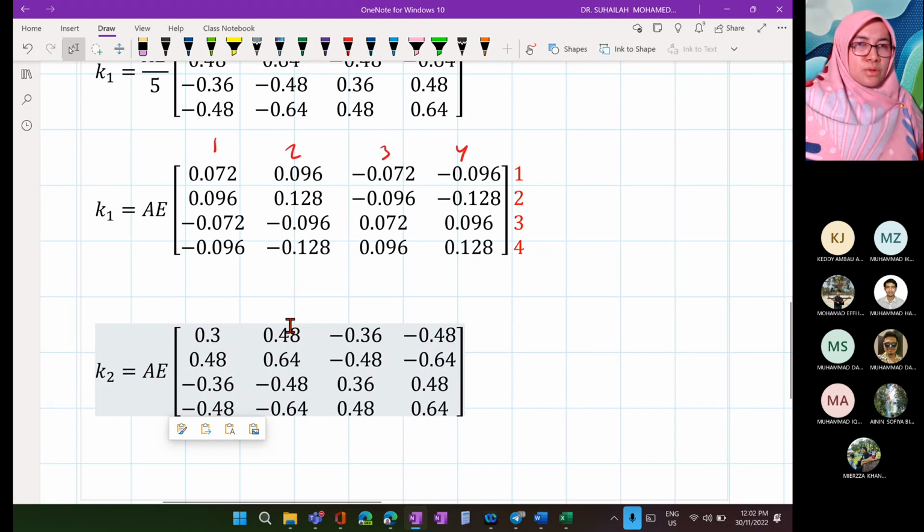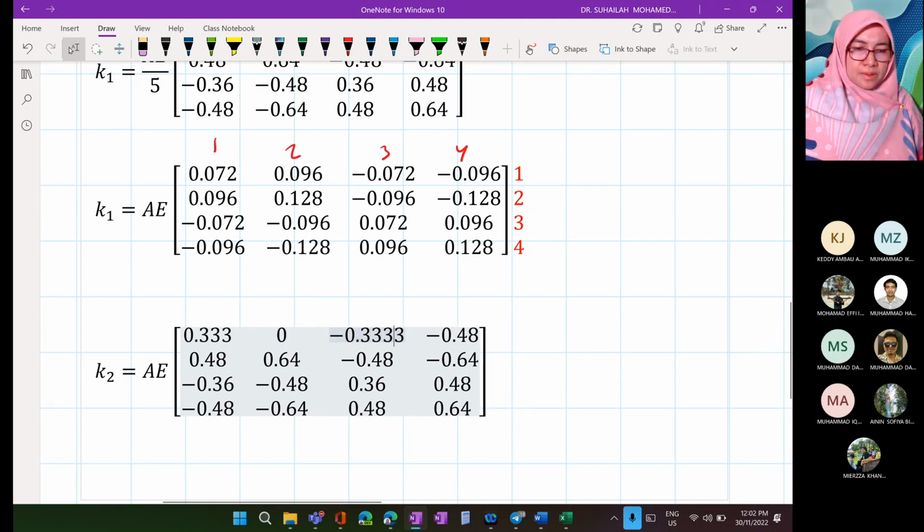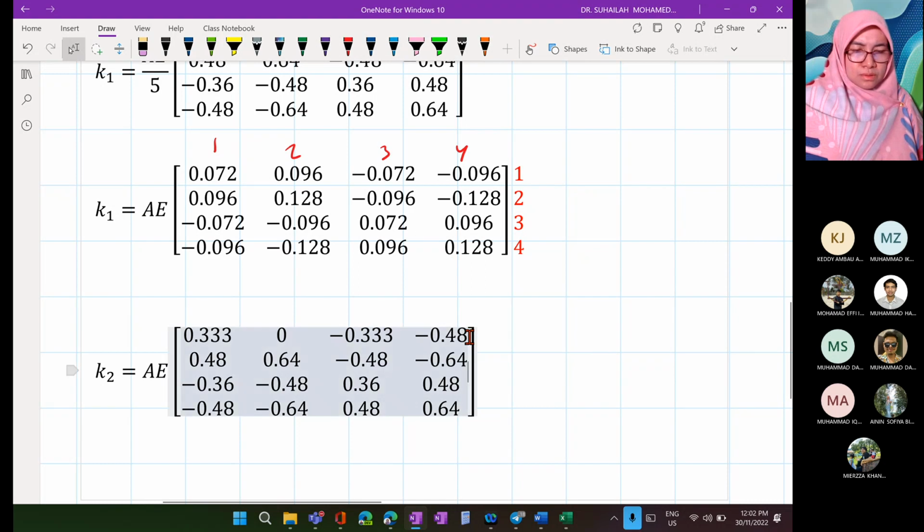Okay, so it is 0.333, 0, negative 0.333, 0.